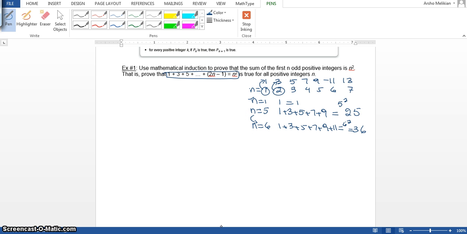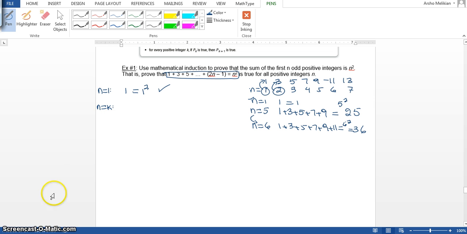Okay? So, let's see what we're doing here. The first case is n equals 1. You say there's only one term, 1. This equals 1 squared. Is 1 equal to 1 squared? Yes, so that works. The second case is n equals k.